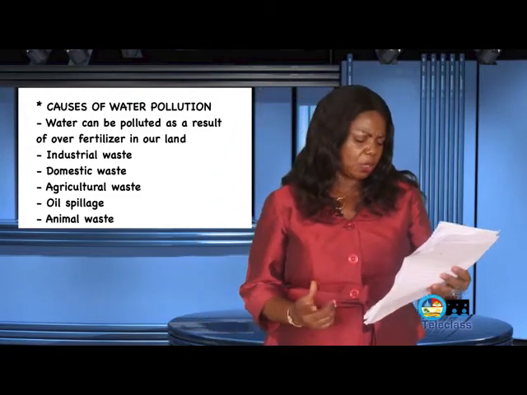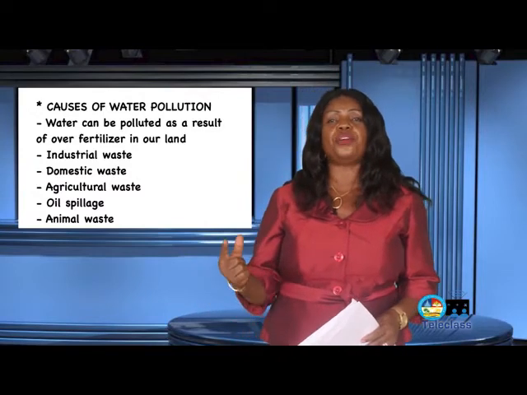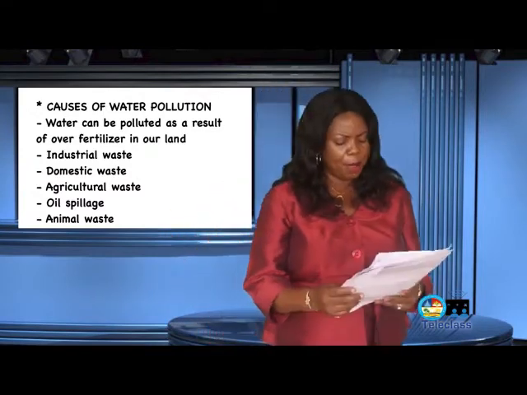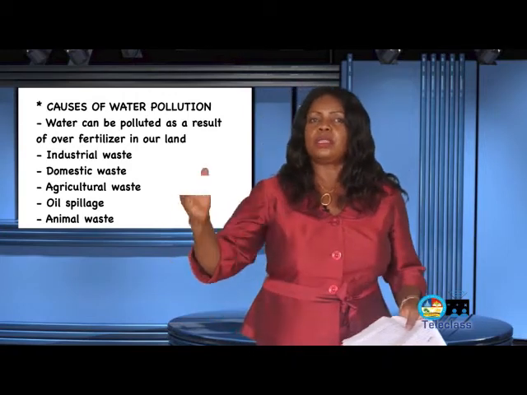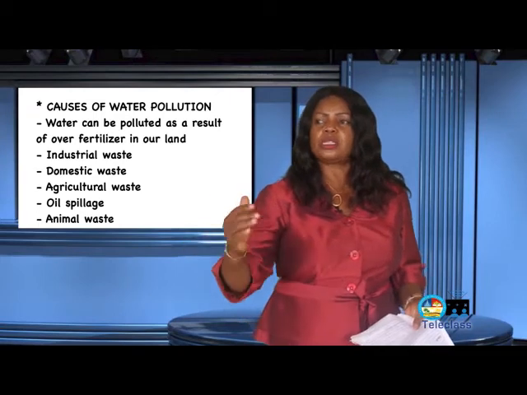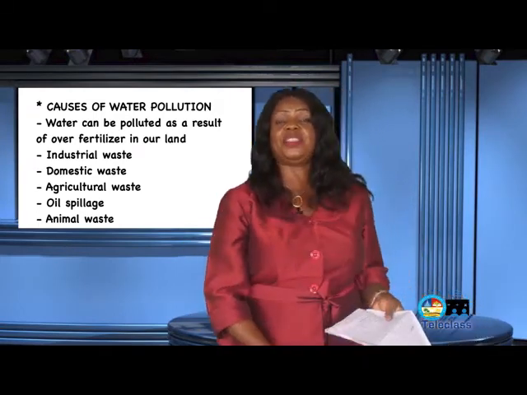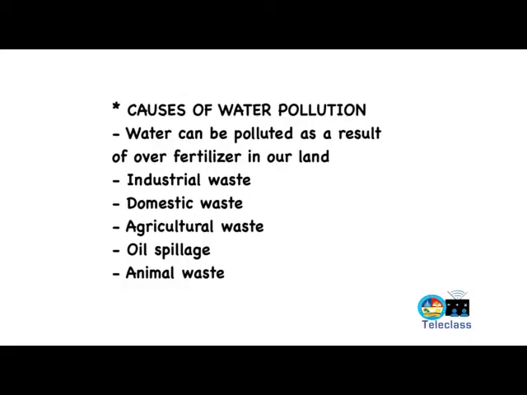And we have the causes. Number one, industrial waste. Waste from the industries is one of the causes of water pollution. And number two, domestic waste. Just like I said earlier on, the water from our bathroom and soakaways is flushed to the gutters, and at the end of the day, when it rains, the water will be flushed into our rivers and streams.